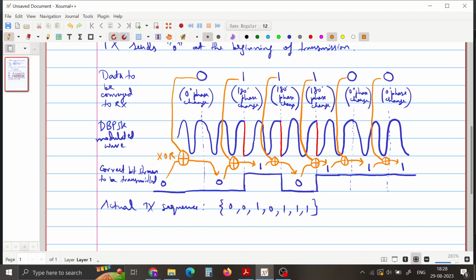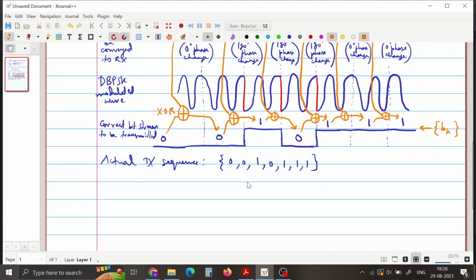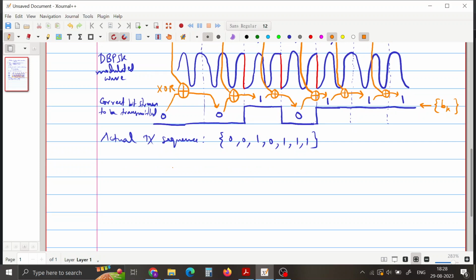Okay. Fine. So this is what's actually happening. It's essentially XORing. If I denote the data that I want to convey, which was given in the question, as some IK bit stream, and the data that is actually transmitted as some BK sequence, then you can visualize it like this.